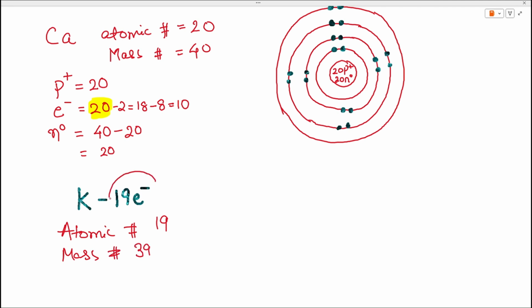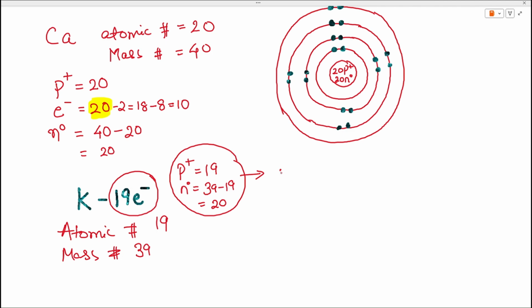So its electrons are 19, protons are also 19, and neutrons are 39 minus 19, which is equal to 20. So these protons and neutrons, they are going to remain inside the nucleus. And for drawing these electrons now, let us go ahead.